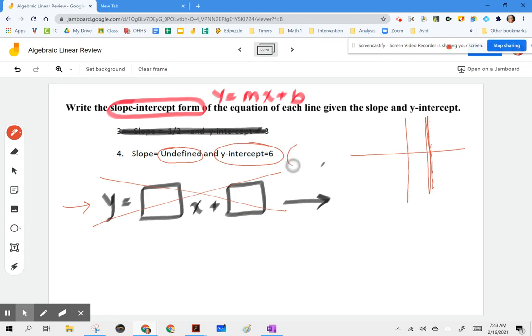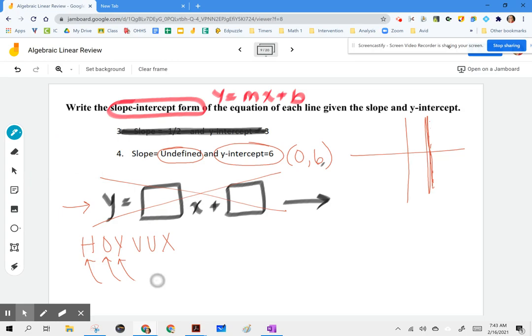So if you think about what that looks like as an ordered pair, the y-intercept in the ordered pair is 0, 6. And this kind of goes with that HOY-VUX strategy. Remember that if it's a horizontal line, the slope is 0 and the equation is y equals the y-coordinate.